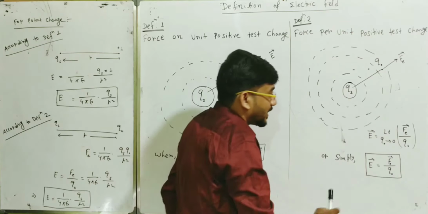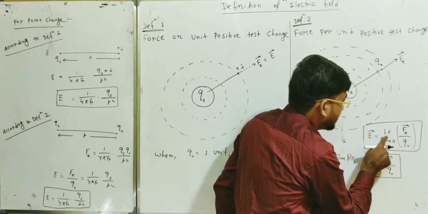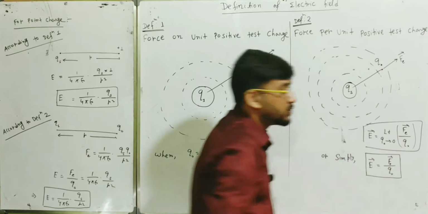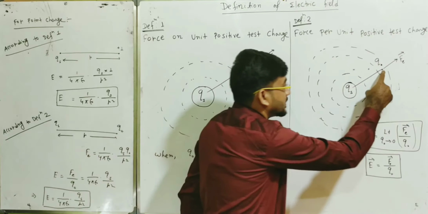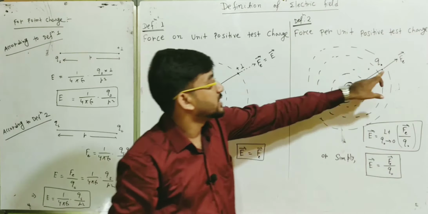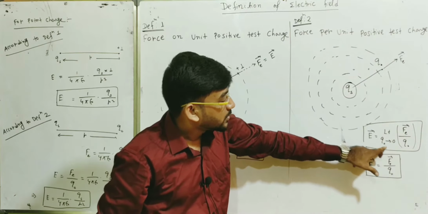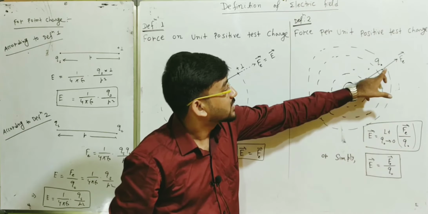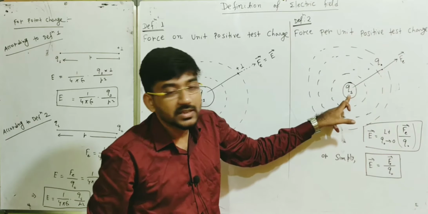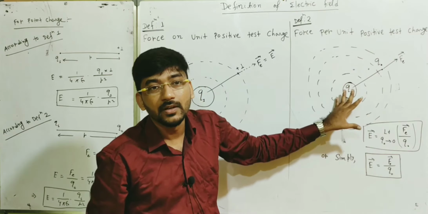And here an important point is this expression, limit Q0 tends to 0 of Fe divided by Q0, because this test charge should be vanishingly small. If this is not vanishingly small, if this is large, then it will disturb the position of this charge Qs, and then its original electric field will be distorted.